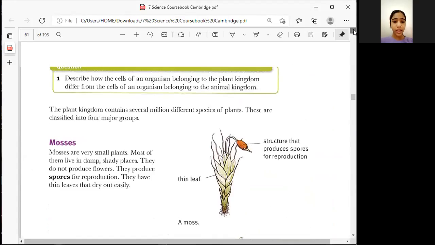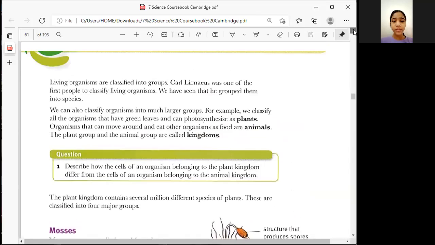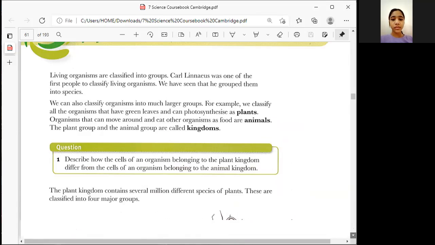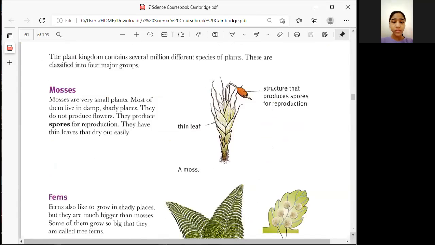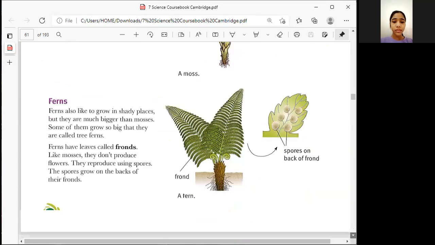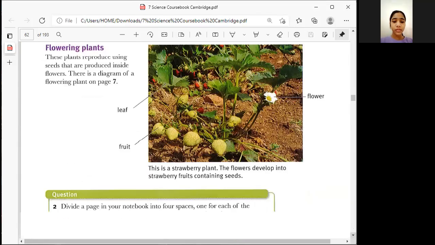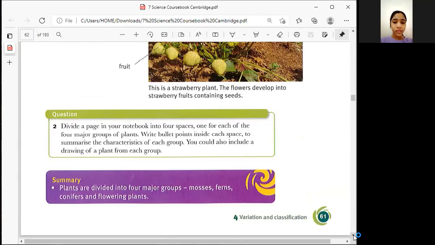So I repeat, when we did classification of plants, we said that the plant kingdom has many different species, but we can classify them in 4 major groups. First group is the moss, then we learned about the ferns, then the conifers, and lastly the flowering plants.